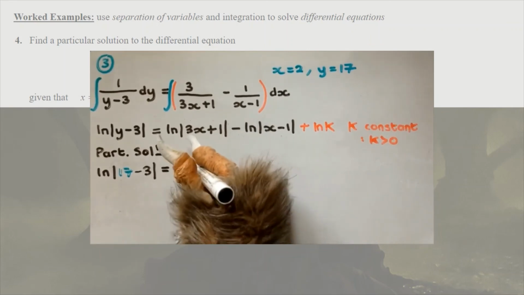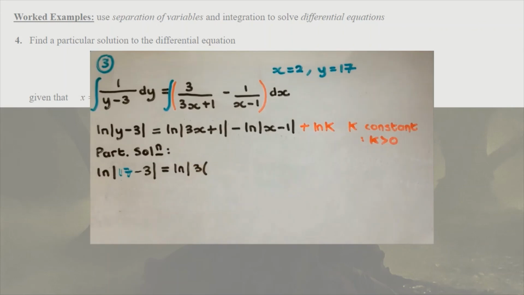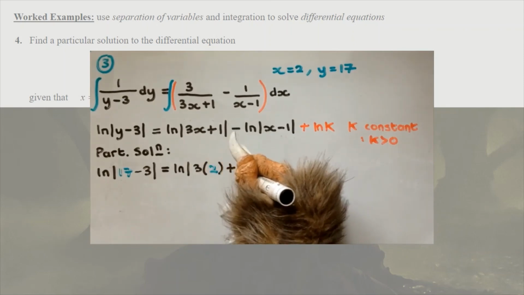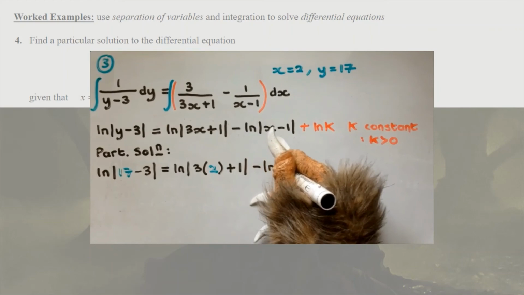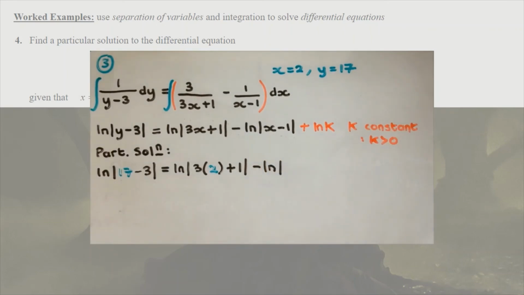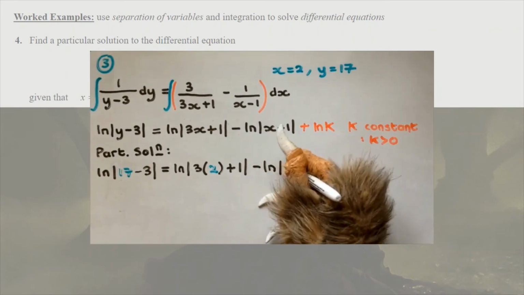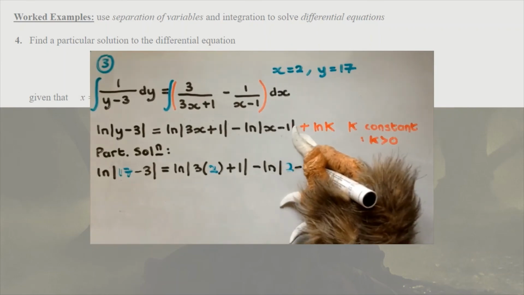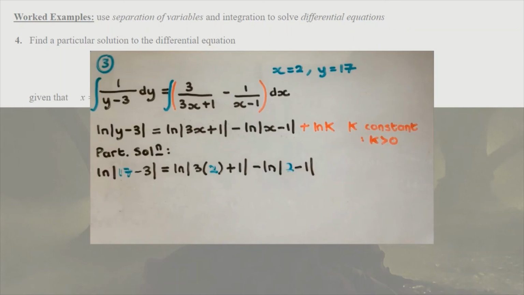So 3 times 2, like so, plus 1, and then subtract the natural log of 2 again, subtract 1. Apologies for the green here, it's not looking good, is it? And then plus the log k on the end.